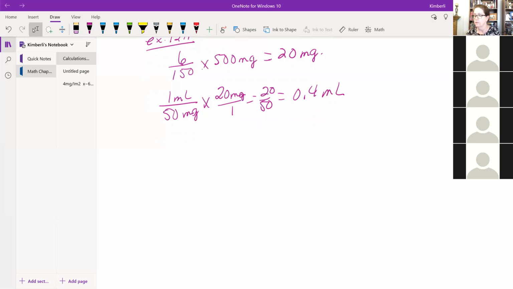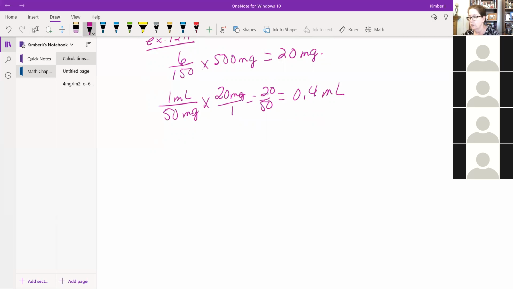This is right underneath the amoxicillin. Young's rule is based on age because the word young indicates age. So that's how I know the difference between Clark's rule and Young's rule, okay? Young's rule is used to calculate medications for children from 1 year of age to 12 years of age.